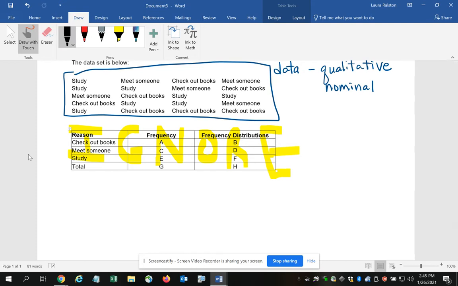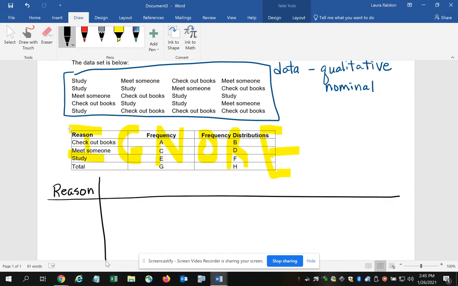In a categorical frequency distribution, the first column is our categories, and in this case, it's going to refer to the reason that we're going to the library. Oftentimes we try to order them, usually in alphabetical order. So in this case, we've got three options. We're going to check out books. We're going to meet someone. And we're going to study.